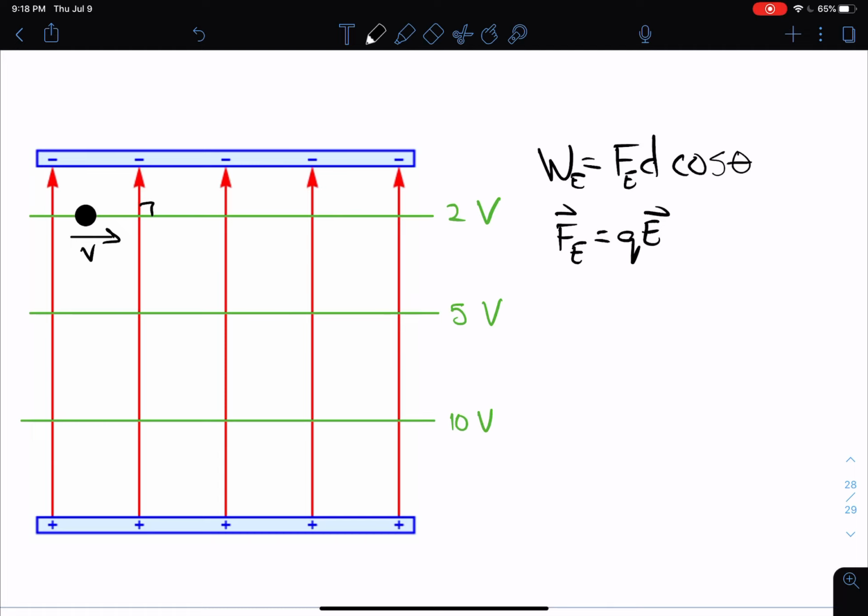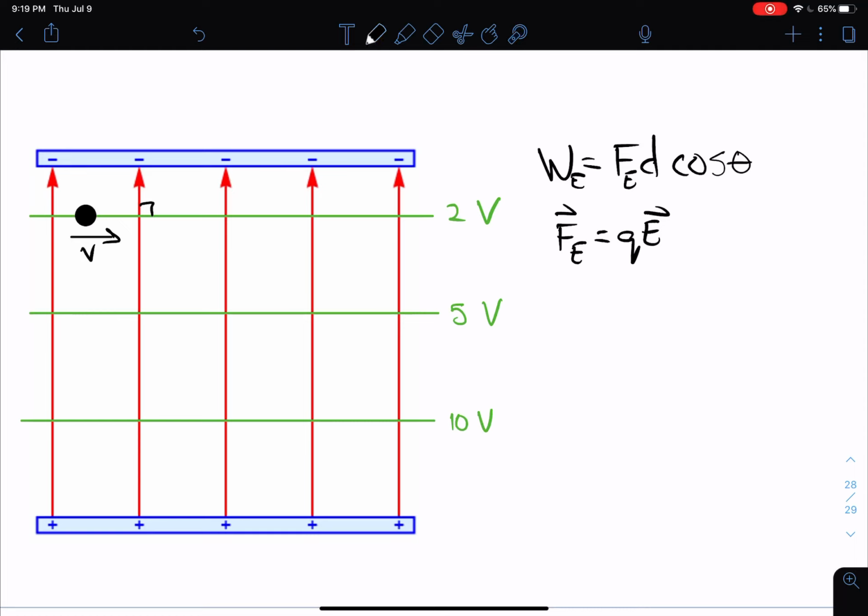Because the charge can be positive or negative, the force can be either parallel or anti-parallel to the electric field. But even if the force is anti-parallel to the electric field, it's still going to be perpendicular to the equipotential line. So as this charge moves along the equipotential line, the velocity is always at a 90-degree angle to the force.